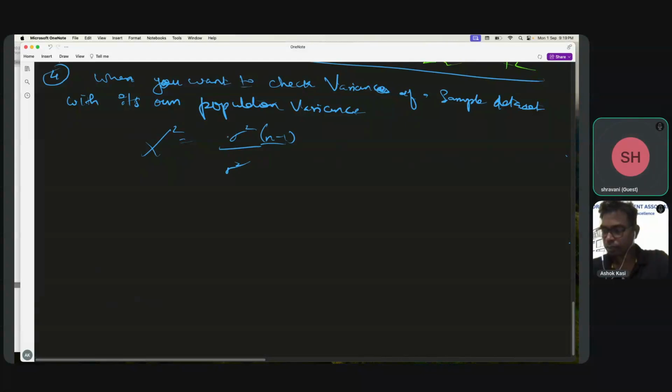N minus 1 means that is sample. This is sample variance. This is population variance.